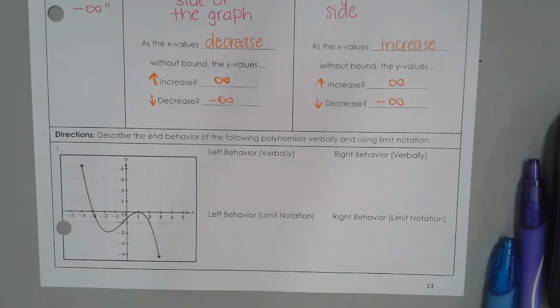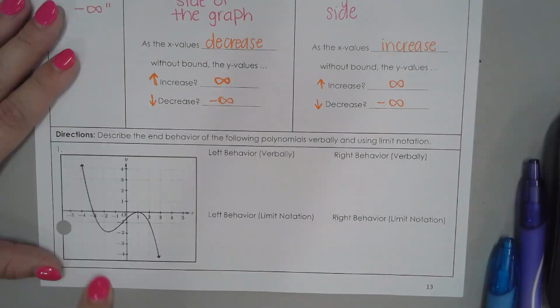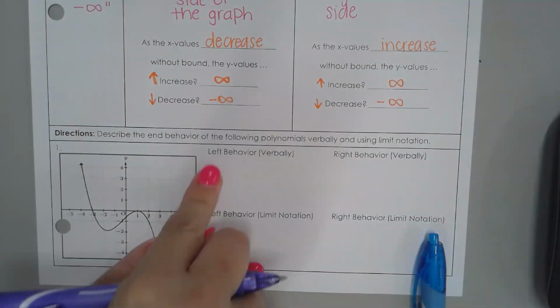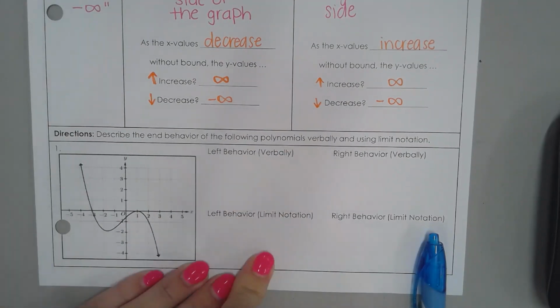So let's look at an actual example. Here you have a graph. We'll say it as a verbal statement, and then we're going to turn it into the limit.